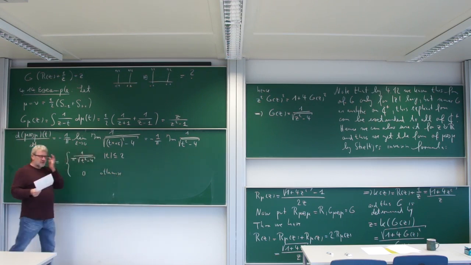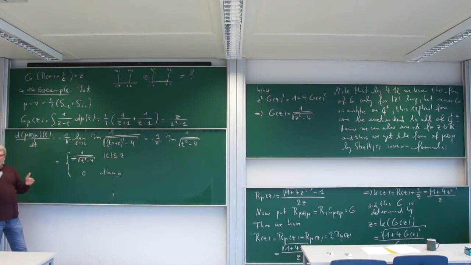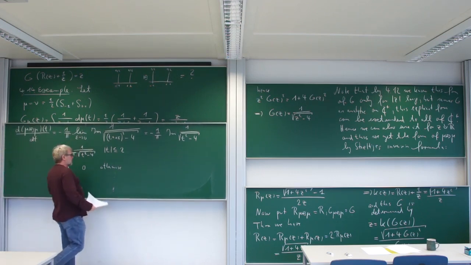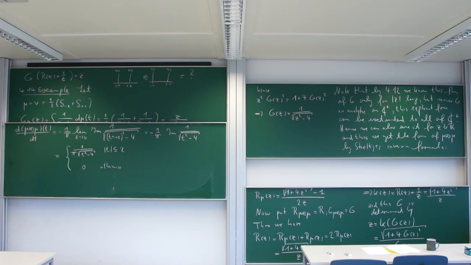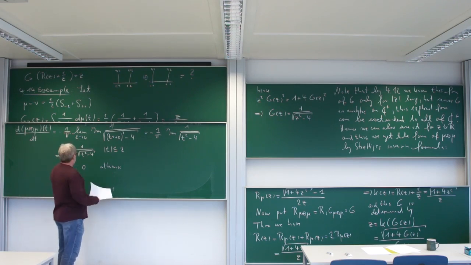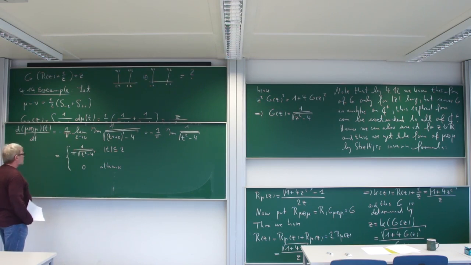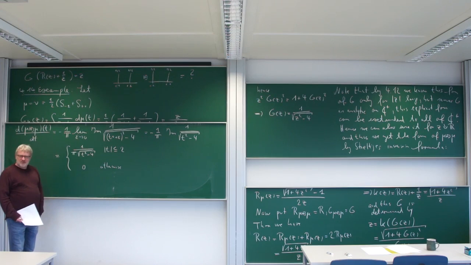So we get, of course, something which lives on a compact interval, because the free convolution of a compactly supported probability measure with itself gives a compactly supported probability measure. Good. So maybe the strange thing is that we really get a density here.